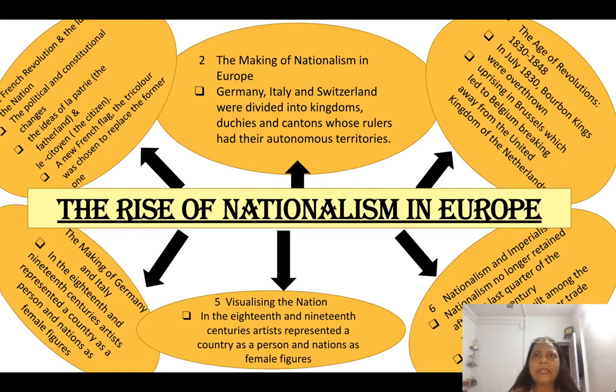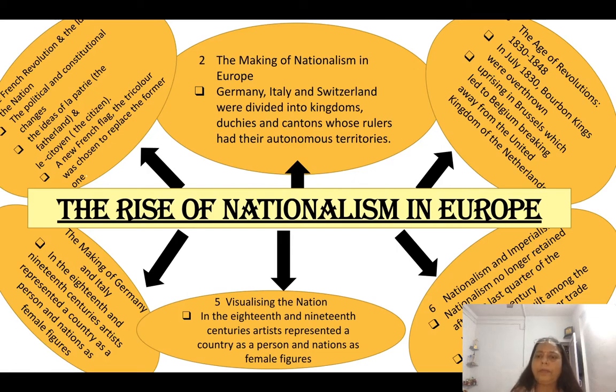After 1871, the most tense area was the Balkans, and this was a major area responsible for the First World War also. This was a region comprising Romania, Bulgaria, Albania, Greece, Macedonia, Croatia, Bosnia, Herzegovina, Slovenia, Serbia and Montenegro.